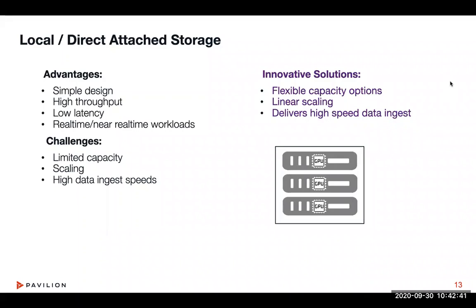A direct attached NVMe drive is going to be 20, 30 or so milliseconds of latency. Pavilion NVMe-oF with RDMA, with RoCE, is also going to be 25 milliseconds of latency. So you're going to get about the same, and in some cases better performance, with all the scalability, flexibility, and availability that comes from that disaggregated storage.